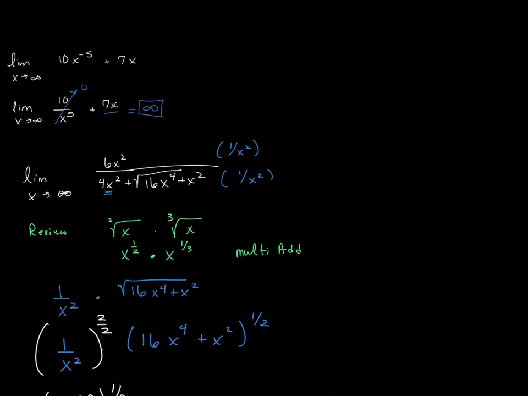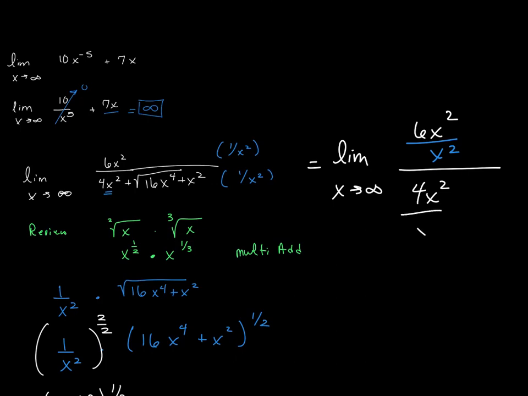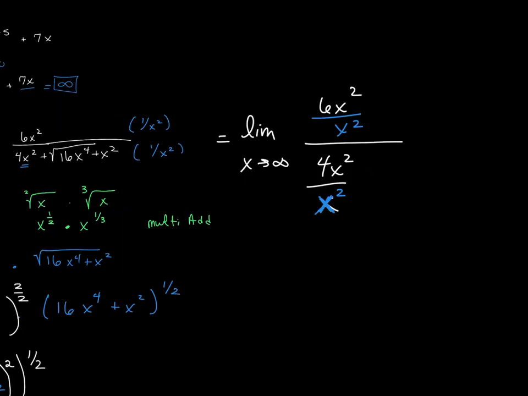So now I know that this is the limit as x approaches infinity of 6x squared divided by x squared, and in the denominator, same thing, 4x squared over x squared plus the result that I had from the bottom, 16 plus 1 over x squared, and remember, this was all to the 1/2 power, or the square root.